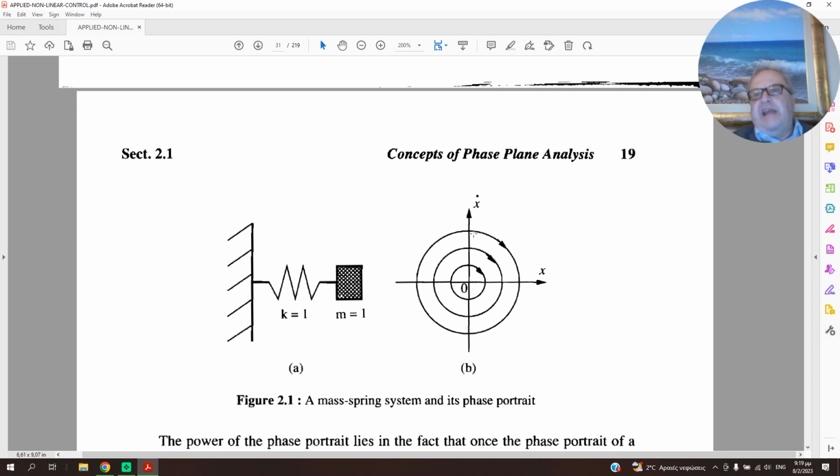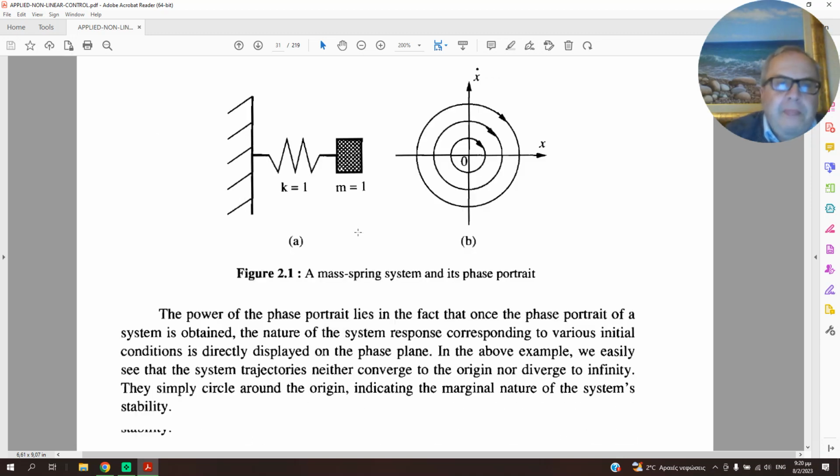Phase portrait is a Cartesian plane, and one axis is x and the other axis is x dot. Now you have two state variables, only two state variables. Here in this simple example, one state variable is the distance and the other state variable is the velocity.